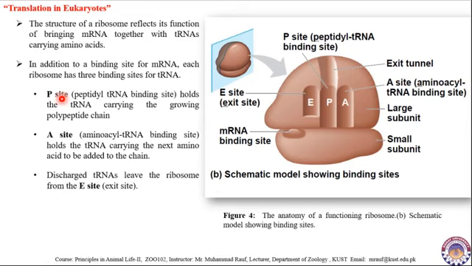So the P site, the peptidyl tRNA binding site, holds the tRNA carrying the growing polypeptide chain. It holds the growing polypeptide chain, as already discussed.